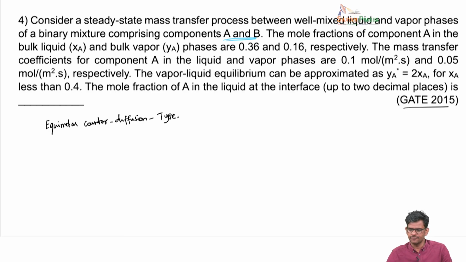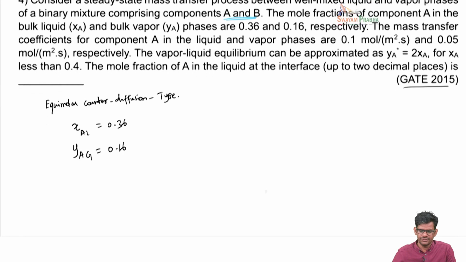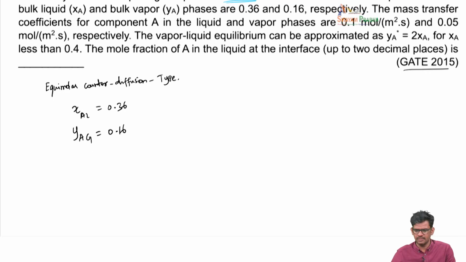The mole fraction of component A in the bulk liquid, we use XAL, but they have given XA, so we will say XAL is 0.36, and in the bulk vapor, we call this YAG, is 0.16. The mass transfer coefficients for component A in the liquid and vapor phases are given.